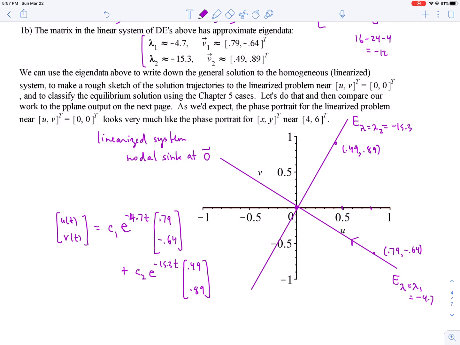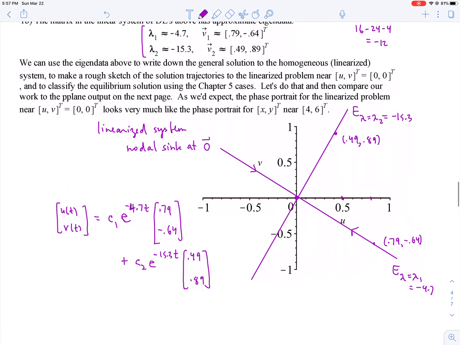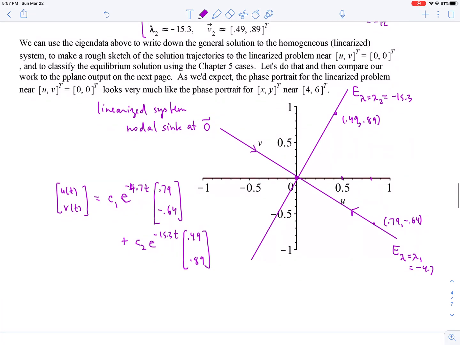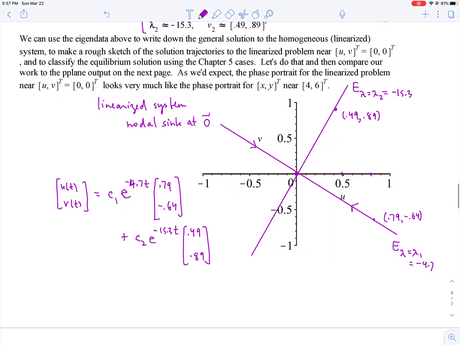Okay, so if we start out on the lambda 1 eigenspace, c2 is 0, and U of t, V of t decays exponentially to the origin. If c1 is 0, then I'm starting out on the lambda 2 eigenspace, and I decay to the origin even more quickly as t goes to infinity.